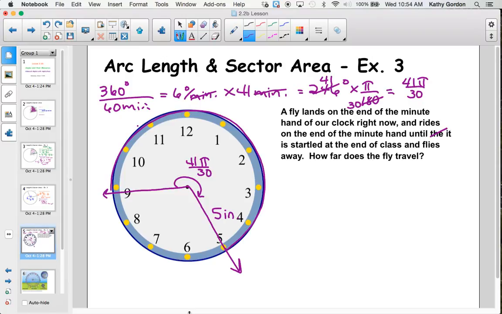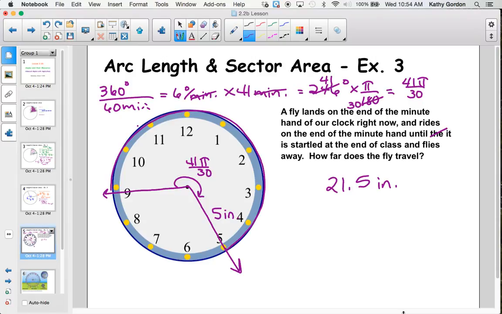Yes, now I agree. All right, so 21 point, what did we say, 5? Inches. That's how far he would travel if he just sat there on the end of our minute hand from the time that we started until the time class ends.